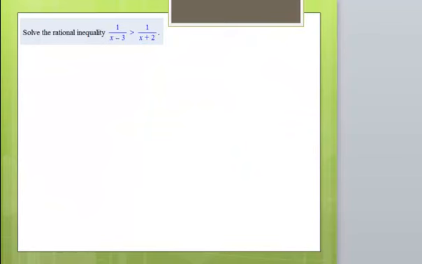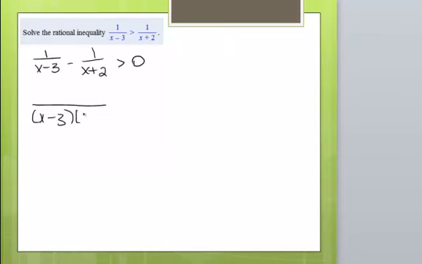Okay, so how about this one? Go ahead and subtract the fraction that's on the right and move it to the left. Your common denominator will be x minus 3, x plus 2. For this one, we're going to need the x plus 2.